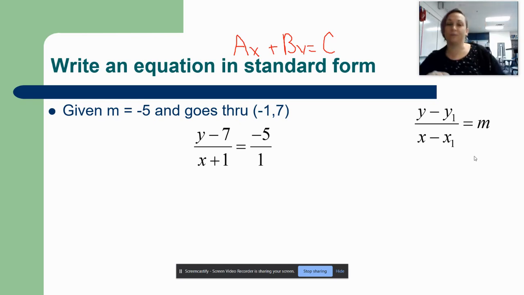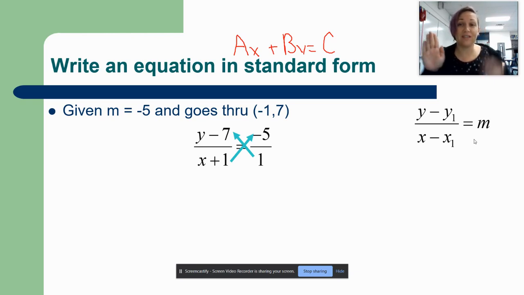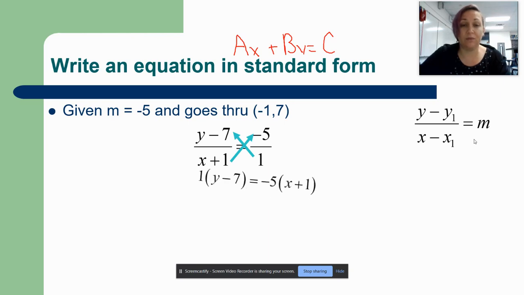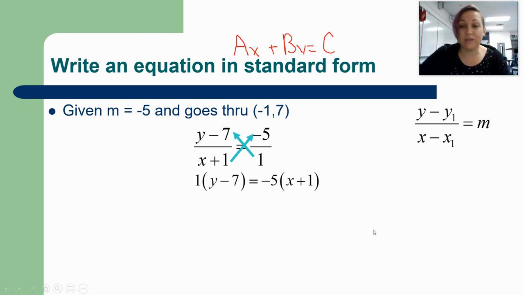Once you have it set up correctly, then you're going to cross multiply, much like we did for slope-intercept form. So I'm going to cross multiply. Also, like we did in slope-intercept form, I'm going to write my y first and my x second. So the 1 is going to multiply with the y minus 7, and then the x plus 1 will multiply with the negative 5. Next, we distribute.